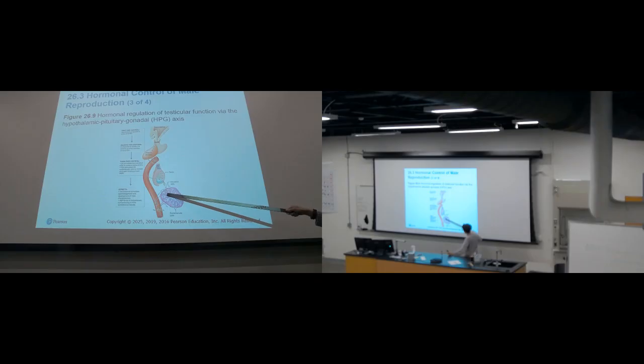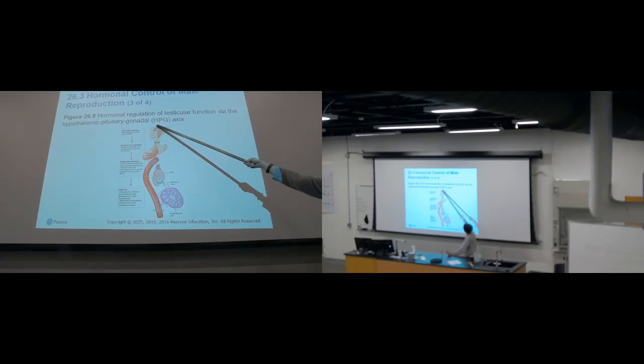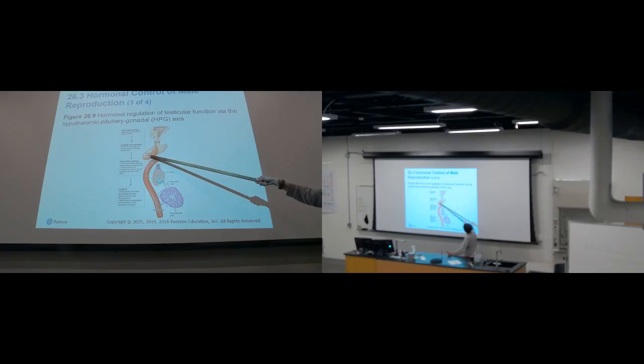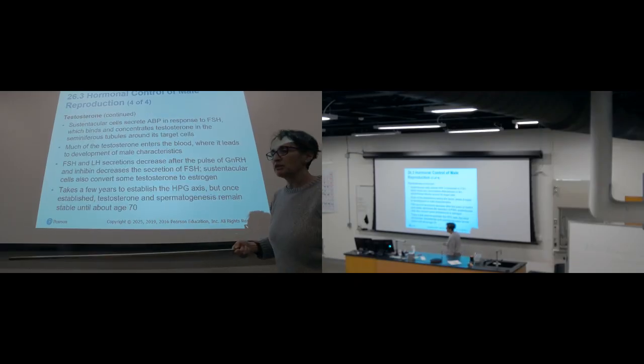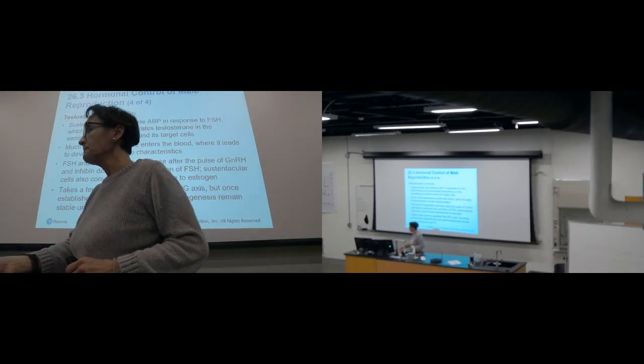Then your sustentacular cells and your interstitial cells secrete testosterone, androgen binding protein, and inhibin, so that you create a feedback loop and don't secrete more FSH and LH until you complete the cycle. So that forms the hypothalamic pituitary gonadal axis in males. It exists similarly in females.